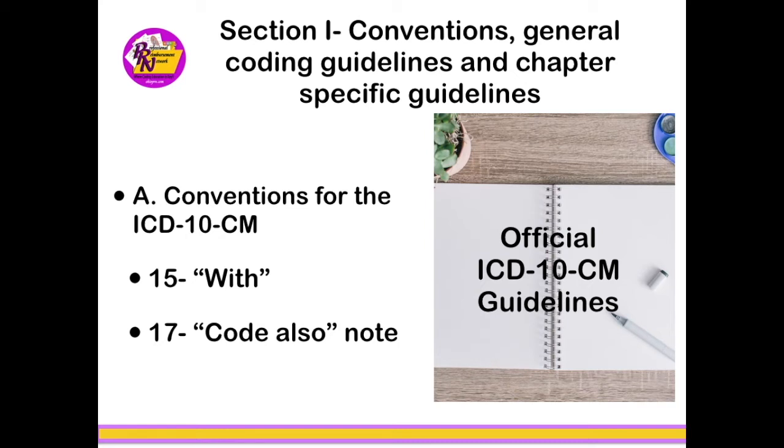In Section 15, the word "with" or "in" should be interpreted to mean "associated with" or "due to" when it appears in a code title, the alphabetic index, or an instructional note in the tabular list. The classification presumes a causal relationship between 2 conditions linked by these terms in the alphabetic index or tabular list.